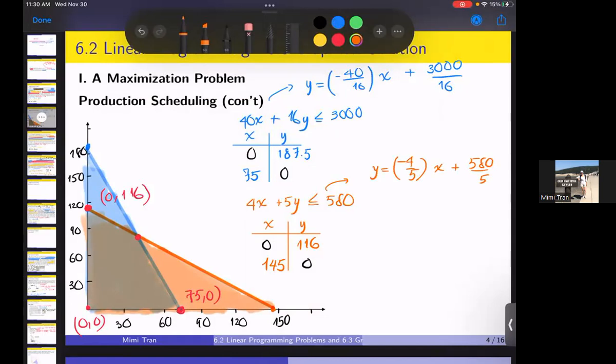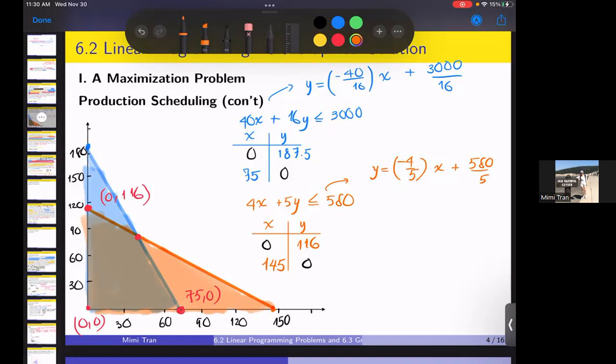So let me plug into your calculator. Clear whatever you have there. Clear it out. So I have negative, so minus, you're gonna use the opposite key. Do not use this one, otherwise it gives you an error. So the opposite key, 40 divided by 16.